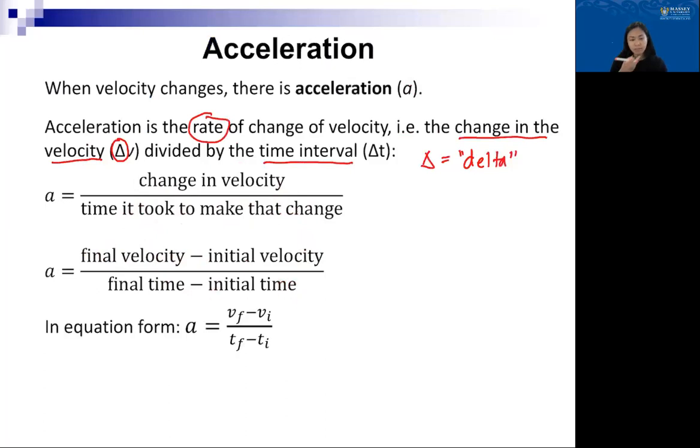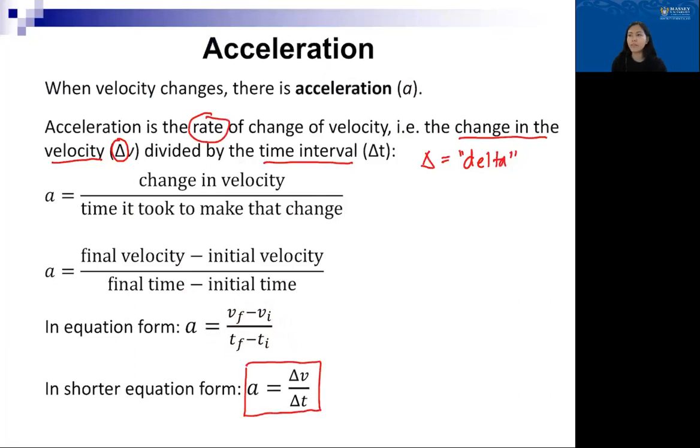In equation form, we've denoted final velocity as v subscript f and initial velocity as v subscript i, and final time is t_f, initial time t_i. In an even shorter equation form, we can write acceleration as delta v over delta t, change in velocity over change in time. Right?